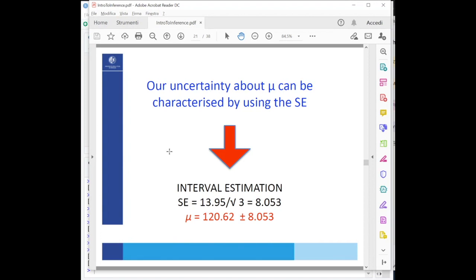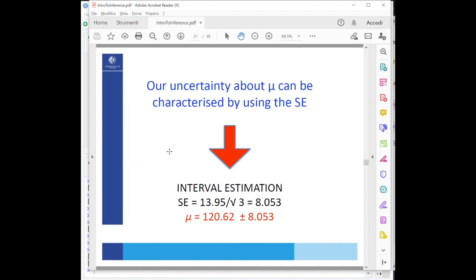So that's the whole frame for the statistical inference. Statistical inference makes use of intervals. Intervals are built by using the standard error. What is the standard error? The standard error is the original standard deviation, which we estimate by looking at the sample, divided by the square root of the number of replicates.